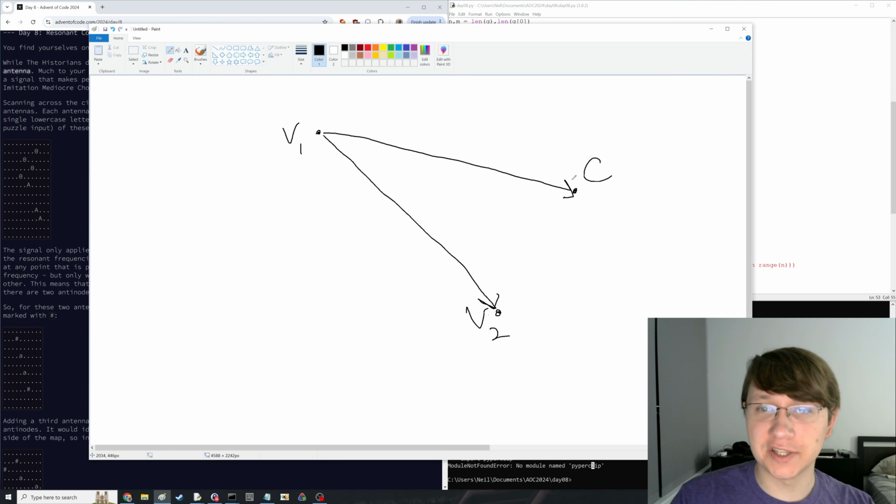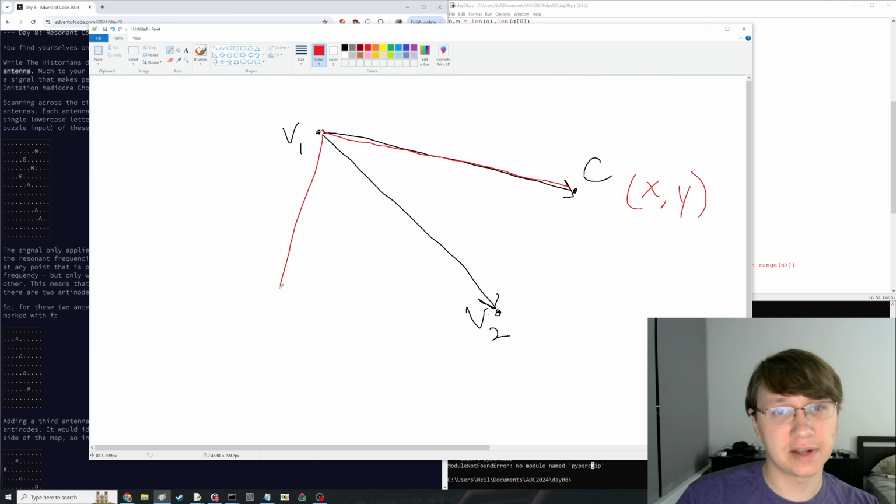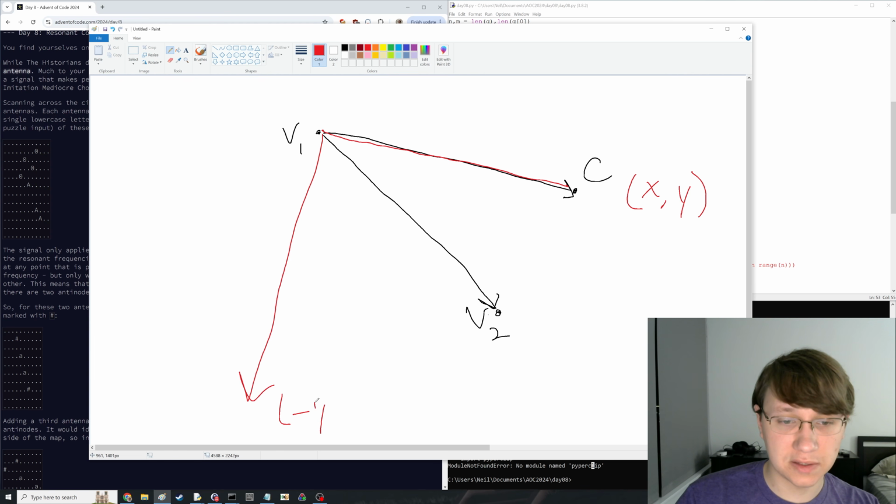But the thing I did was that in two dimensions you can easily construct a perpendicular vector to another one. If this is x, y, then the perpendicular vector is just going to be minus y, x.